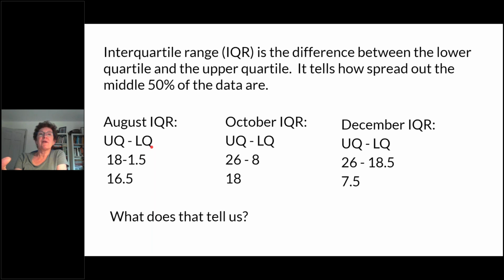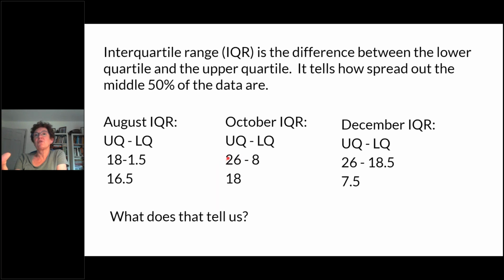If we go back and look at the numbers, in August, our upper quartile was 18 and our lower quartile is 1.5. When I do that subtraction, I get 16.5. In October, upper quartile minus lower quartile.